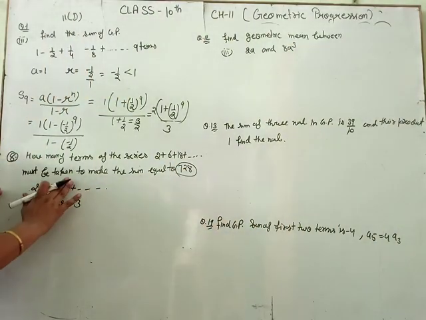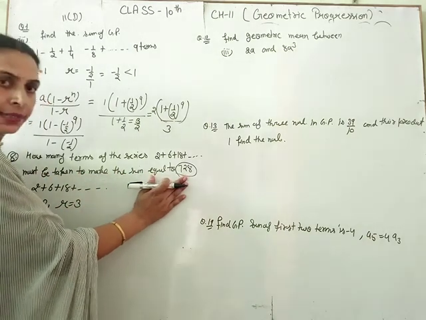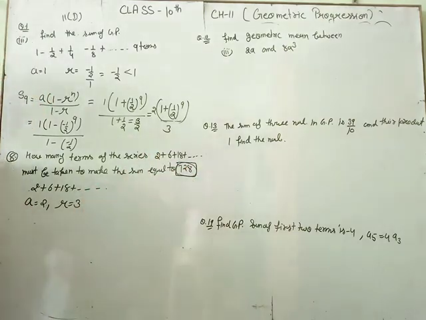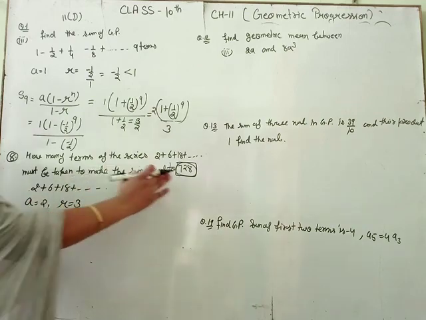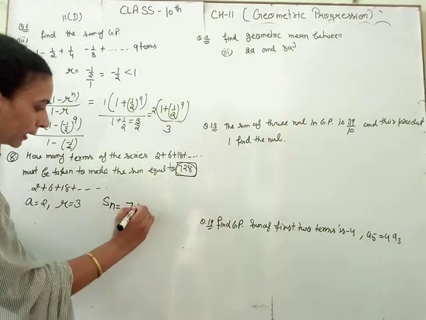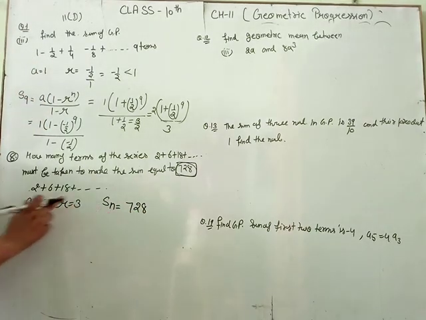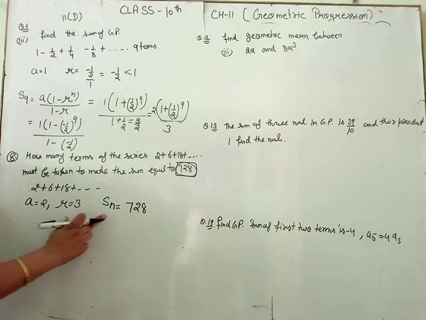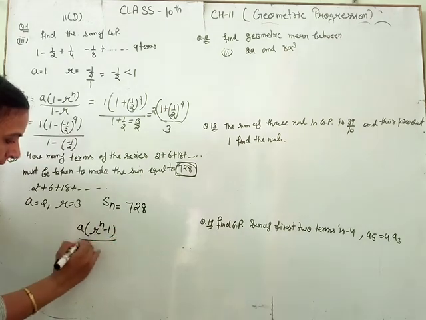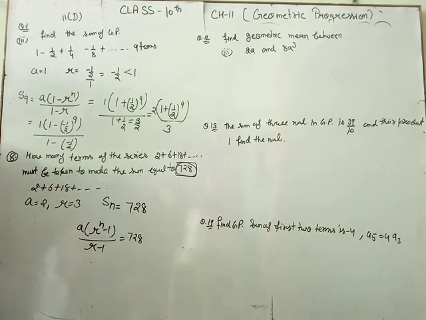How many terms must be taken? We find the value of n. Let this be the sum of n terms, equal to 728. Since R is greater than 1, Sn equals A times R to the power n minus 1, divided by R minus 1, equals 728.